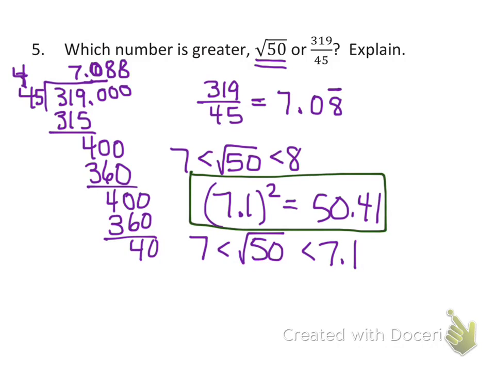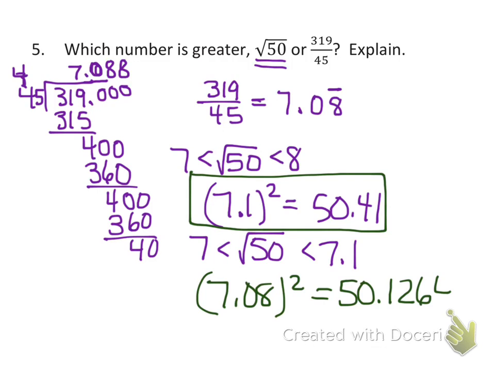So what if I tried 7.08? 7.08 squared is equal to 50.1264. And let's just for kicks, let's try 7.07 squared.